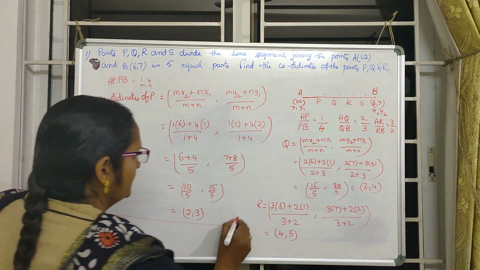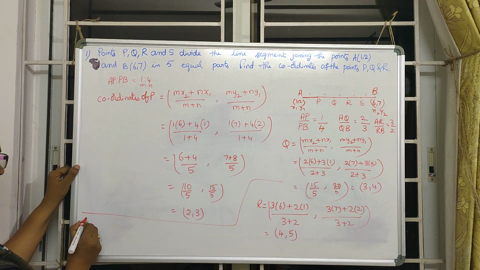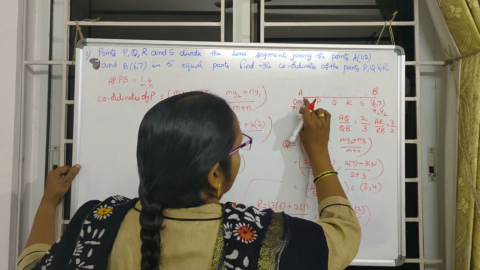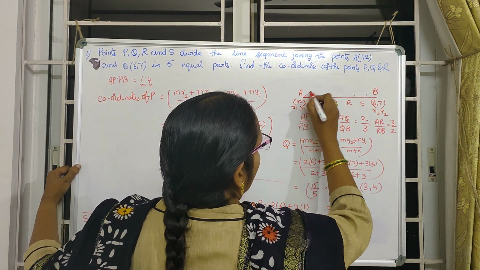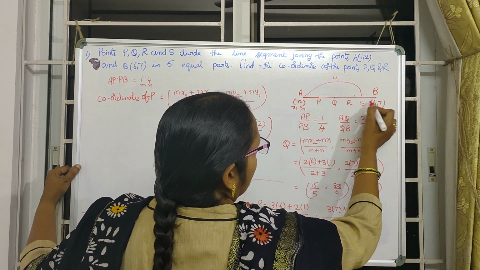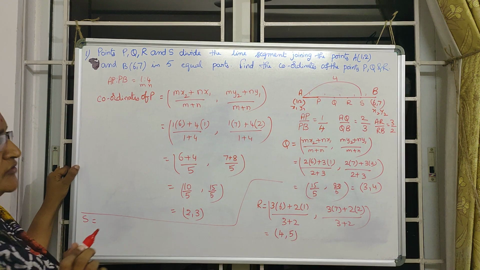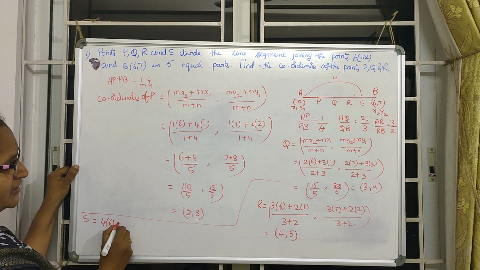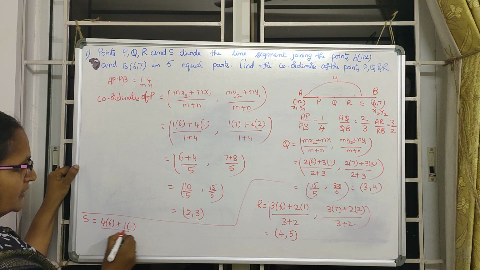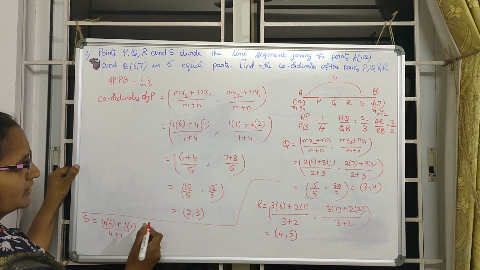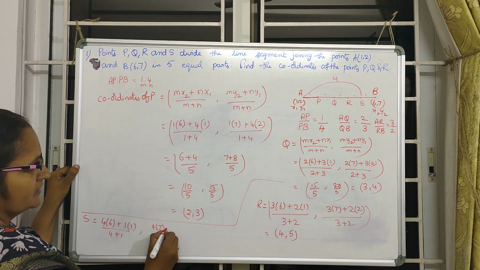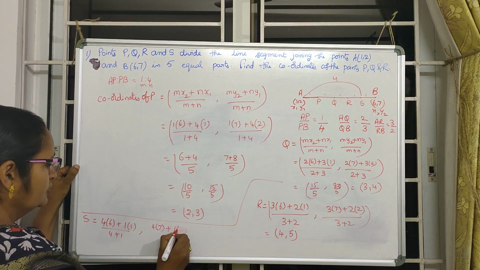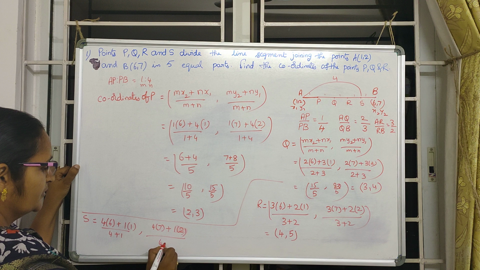In the same manner, coordinates of S. S means up to here 4 parts. From A to S is 4 parts. S to B is 1 part. So the ratio will be 4:1. Then 4 into 6 plus 1 into 1, by 4 plus 1, comma 4 into 7 plus 1 into 2, by 4 plus 1.